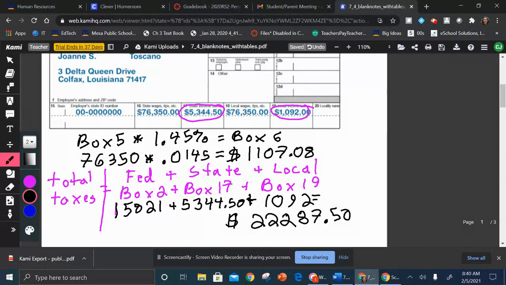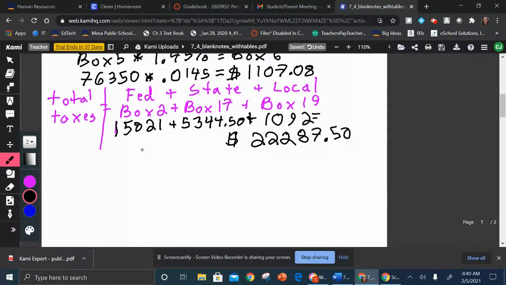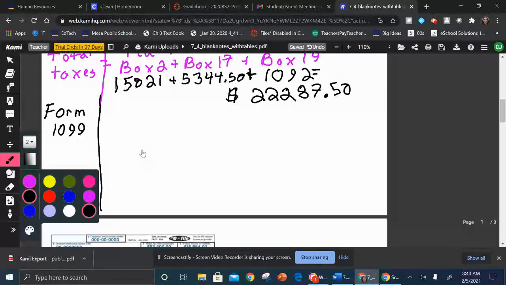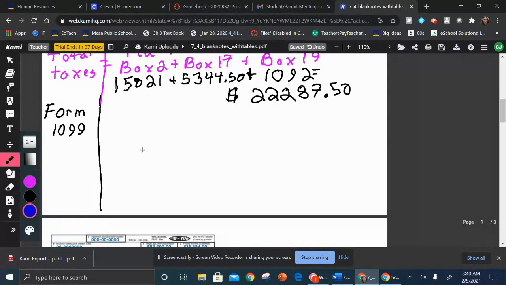Okay, so let's say everybody, so they also have another form that we can use. It's called a 1099 form. Okay. So the form 1099, and that's for any additional income that you have, like say you help your uncle, like you go work for him and help with his painting business, or you help your mom with daycare or something. So anything that you're doing, you're earning extra money. Okay. So say you've got $760 earned from, it can also be earning from interest. Okay.